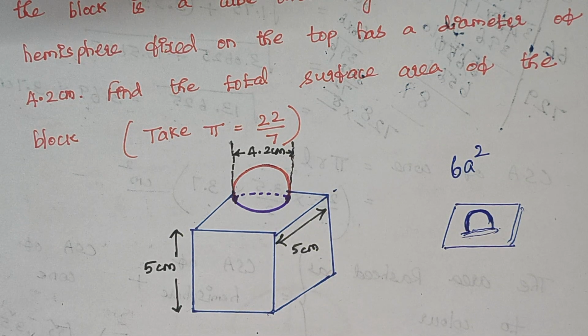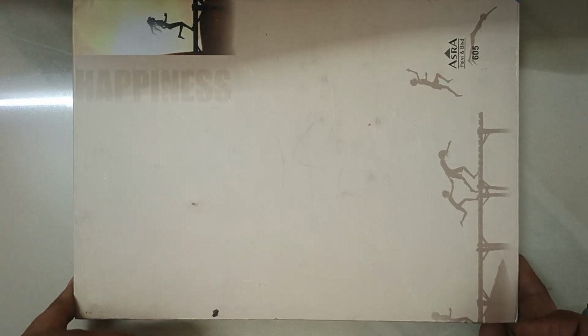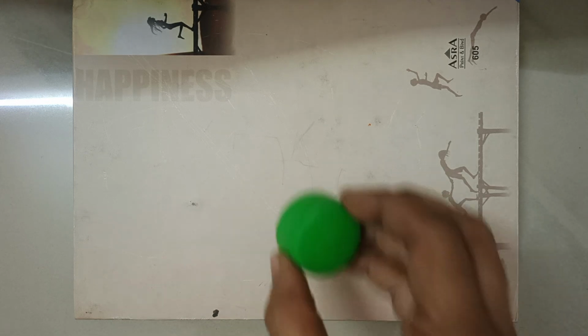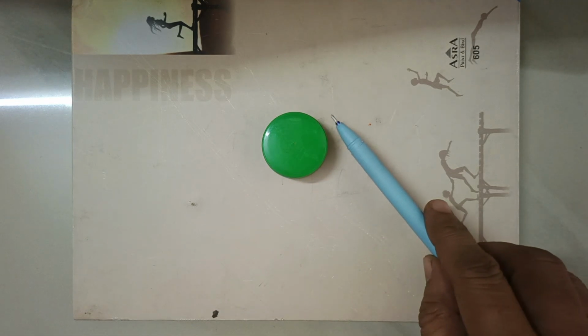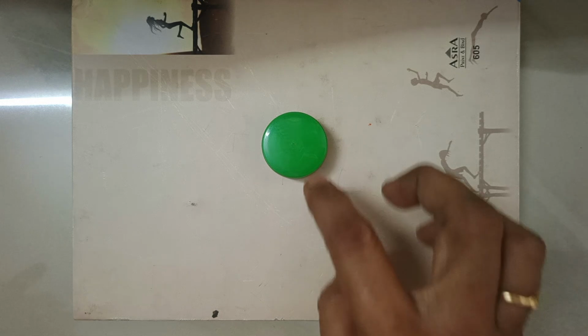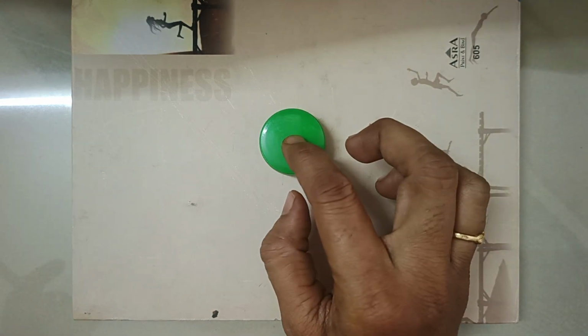let me show you with this book. You see, this is the top side of the cube, and here I am having a hemisphere like this. We need to find the total surface area. Since we have a hemisphere, you have to include the curved surface area of the hemisphere.